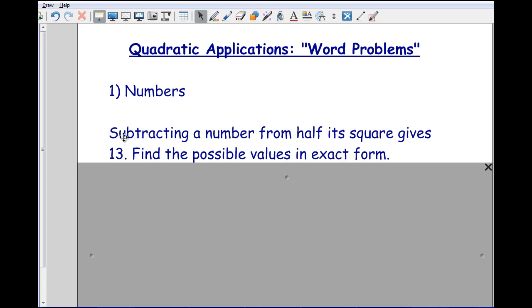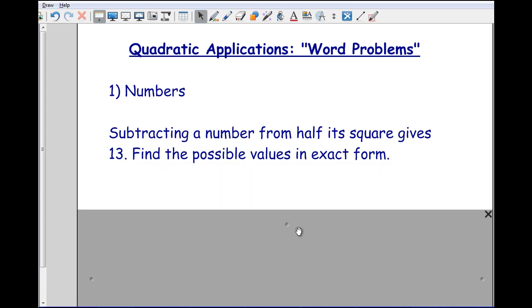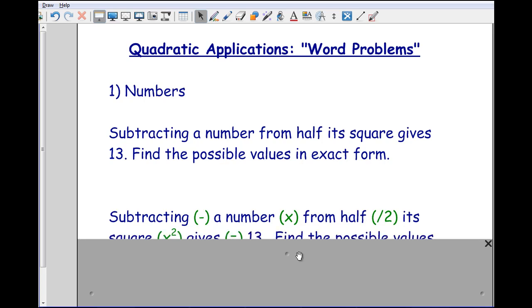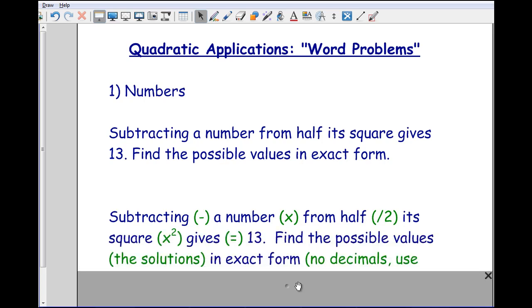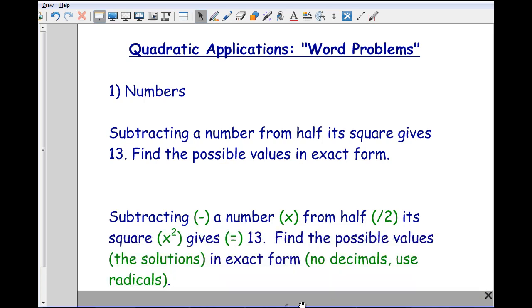Okay? Another word here, subtracting, that should have made you think of the minus symbol. So when I read that question, I actually think of the stuff in green. Subtracting, I right away think of minus. A number, I'm going to assign it a variable of x. From half, okay, I missed that earlier, but half is divided by 2. Its square, well, I think of x squared.